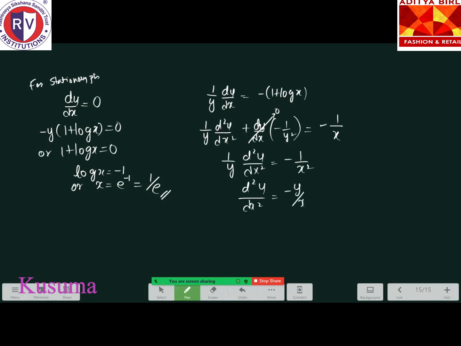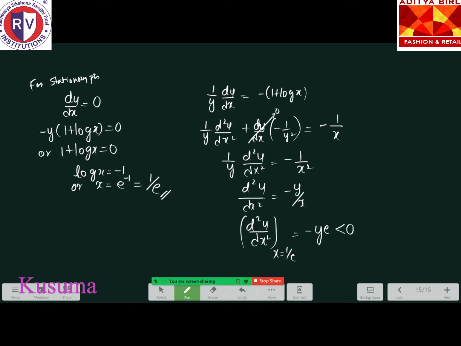And at x is equal to 1 by e, d square y by dx square at x is equal to 1 by e. Now substituting 1 by e, this will be minus ye. So is this a negative value or positive value? Negative or positive?